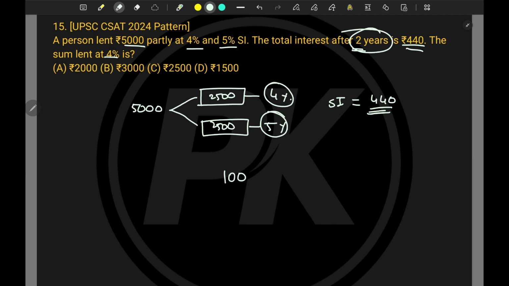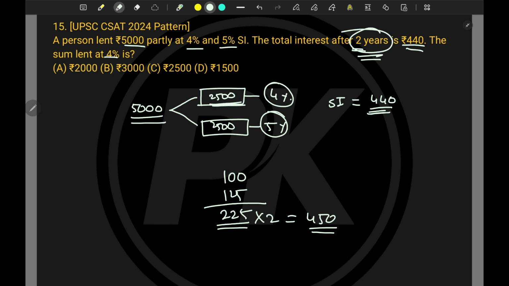And for the second one, how much is it? 25 fives is 125. That means the total simple interest earned over 1 year will be 225. Then we have to calculate it for 2 years, so just multiply it by 2. So it will become 450. So if that person lends 2500 each by splitting into equal amounts, he will earn 450 rupees.